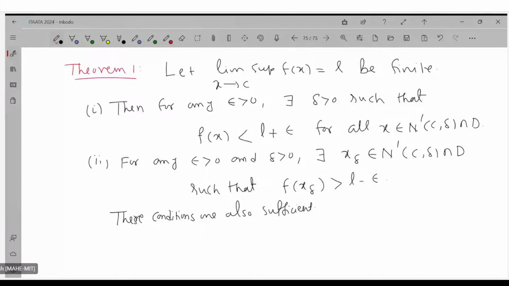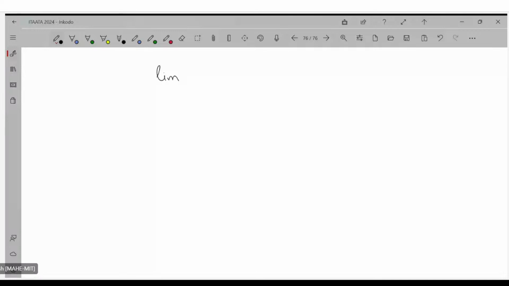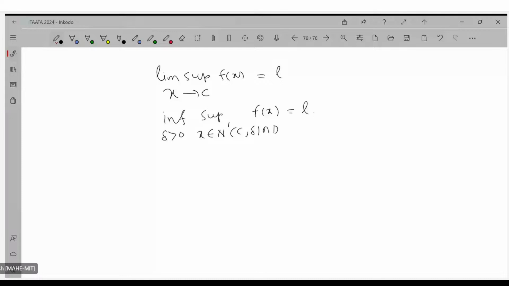So lim sup of f(x) as x moves towards c is L means you have the infimum over delta greater than 0 of the supremum over x belonging to N dash c delta intersection D of f(x) equals L. So infimum of all these values is equal to L. So L is the infimum of the set.